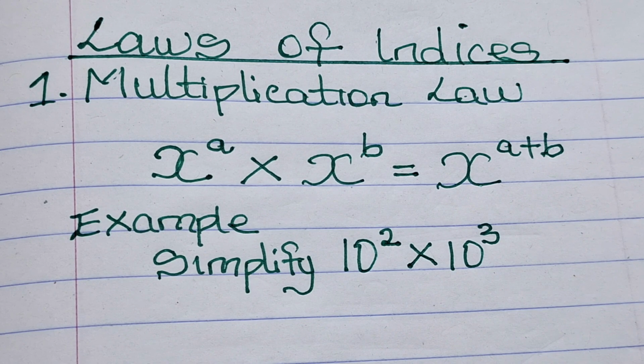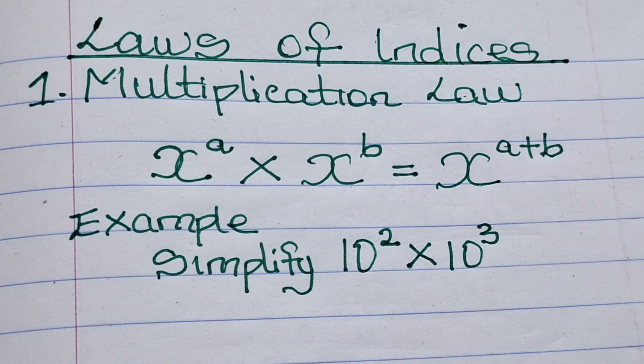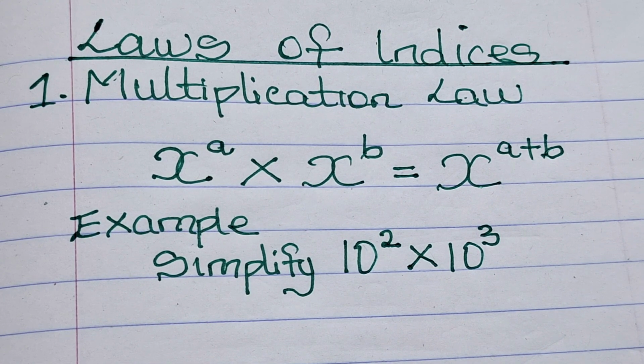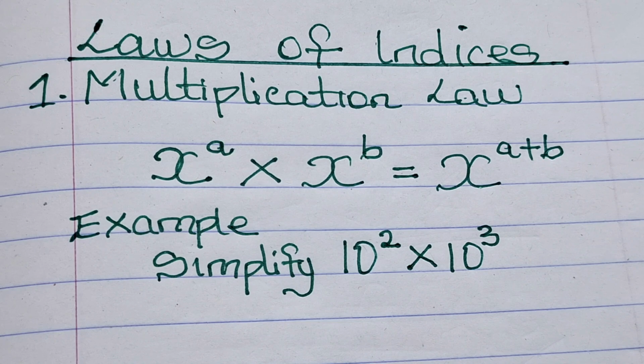X is the base and a is the power. The other one has x as a base and b as a power. So because the bases are both x, you choose one of the bases and add their powers. So your answer becomes x raised to the power of a plus b.